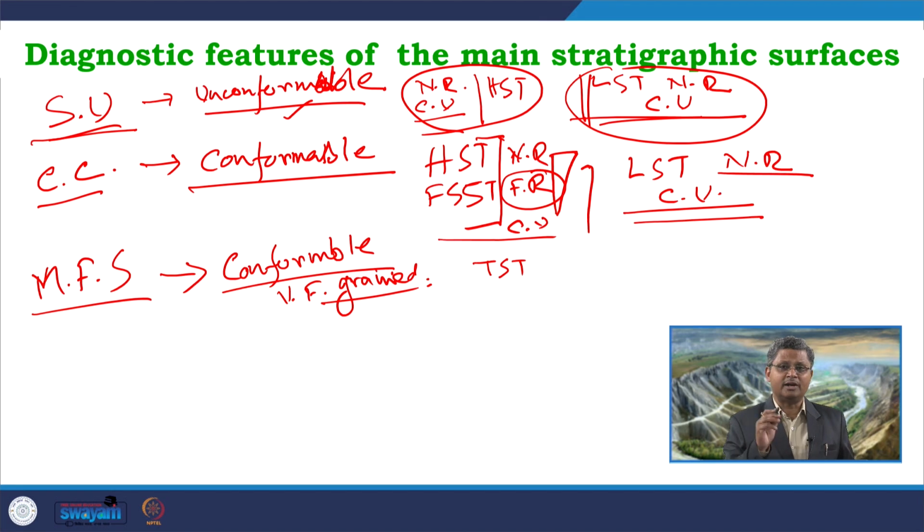We all know that transgressive systems tract is associated with fining upward depositional trend. It is a retrogradational pattern, it is a transgression. So, very clearly we get this kind of fining upward trend over there, just below the maximum flooding surface. Above the maximum flooding surface, what we expect? HST, high stand systems tract.